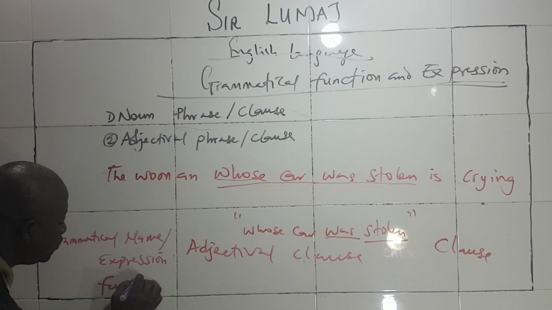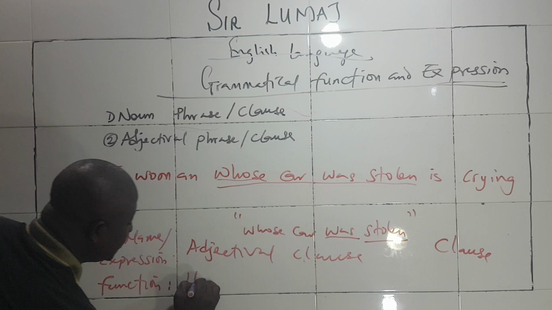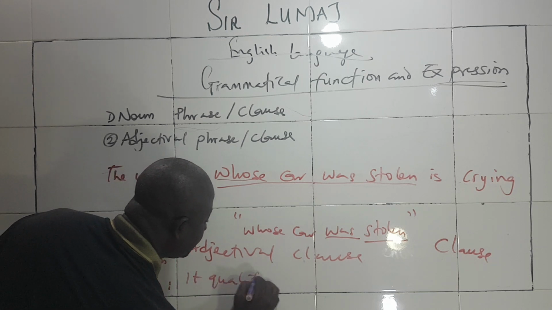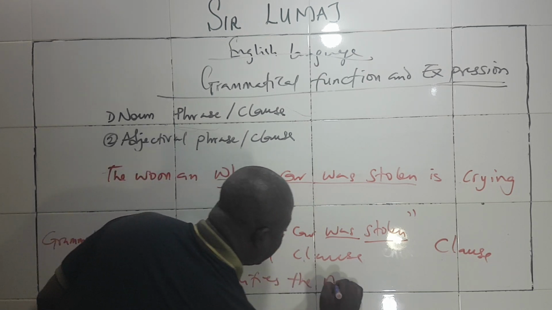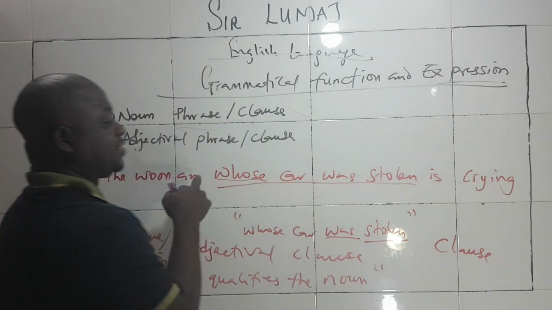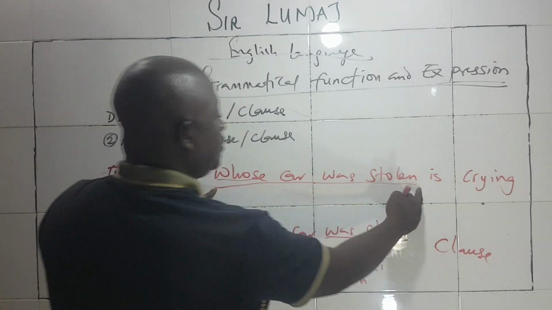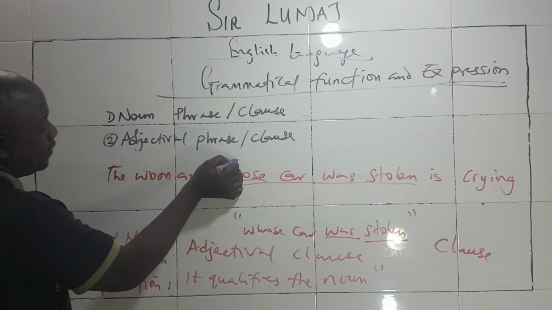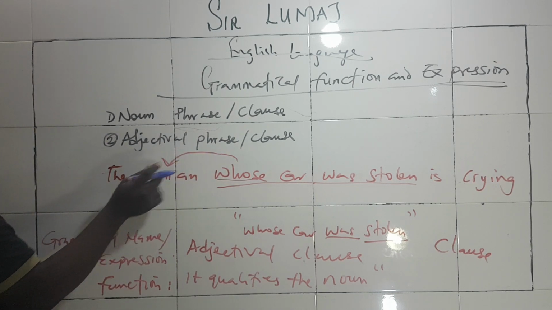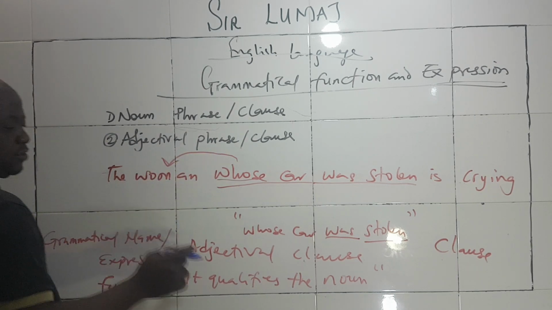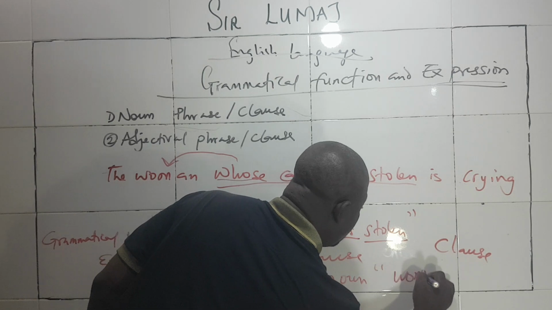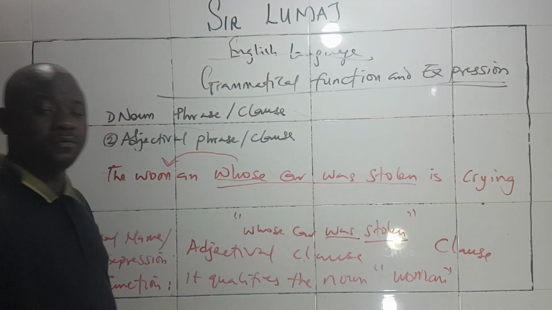Function now. The function is what? It qualifies the noun. You now go back to the passage and check where they have lifted this underlying word. You now go back. What can you see there? Woman. So noun, woman. And you're good to go.